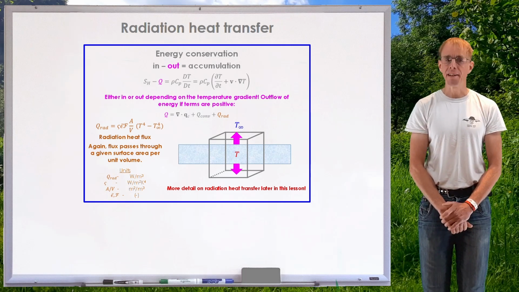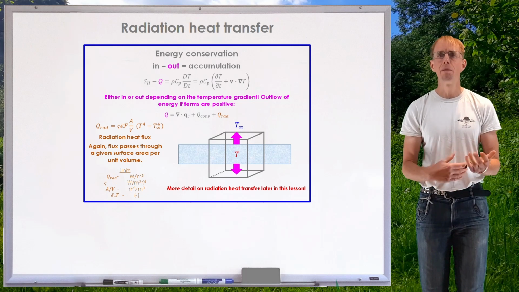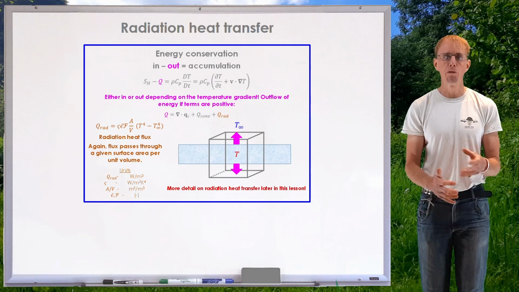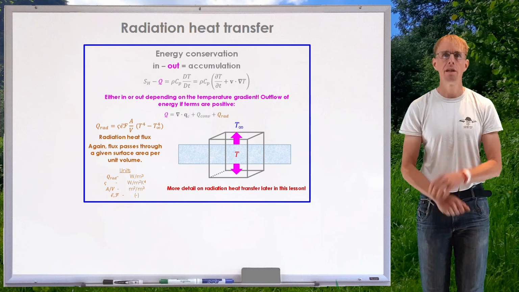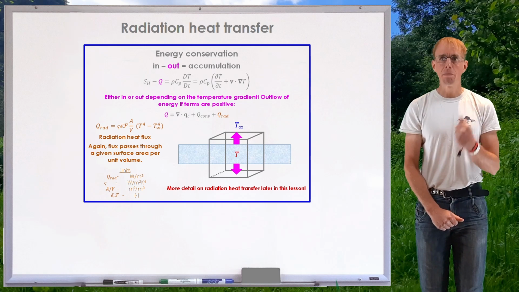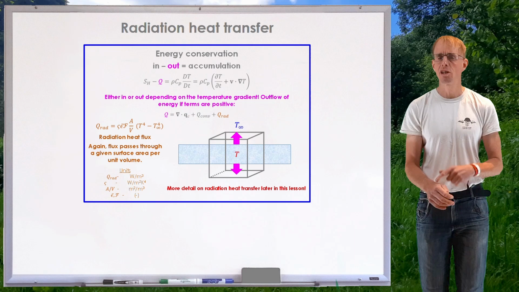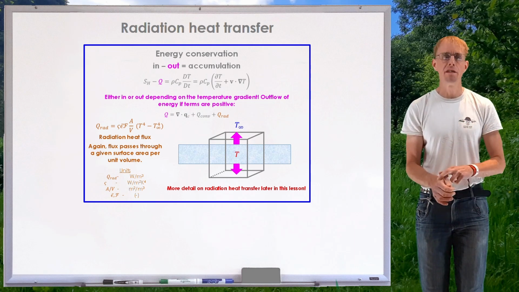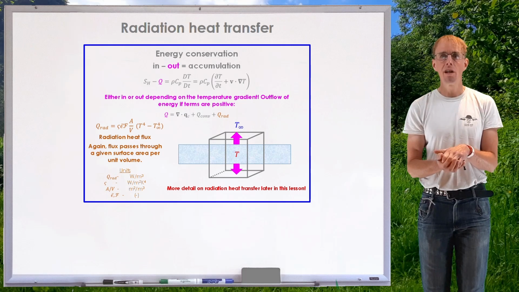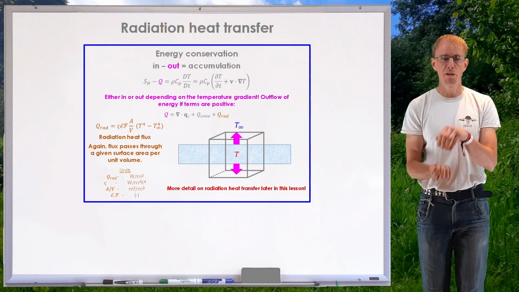And we said at that point Q is a group of terms that involve flux-based heat transfer, but we've renormalized the units of that such that it's all watts per meter cubed, because the entire equation is in watts per meter cubed units. We said that Q flux-based term contains and wraps around my conduction heat transfer, my convection heat transfer, and also my radiative heat transfer, as radiation heat transfer in some scenarios can be considered to be a flux of energy passing through a surface.